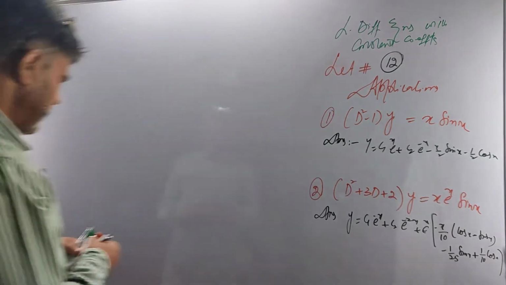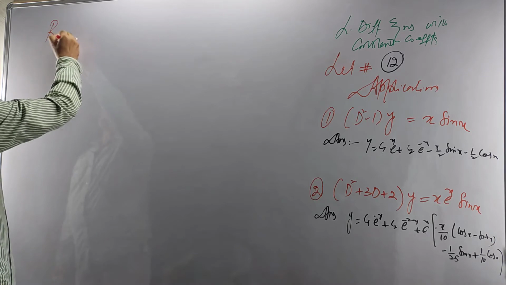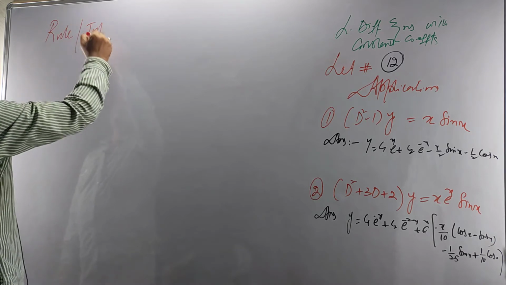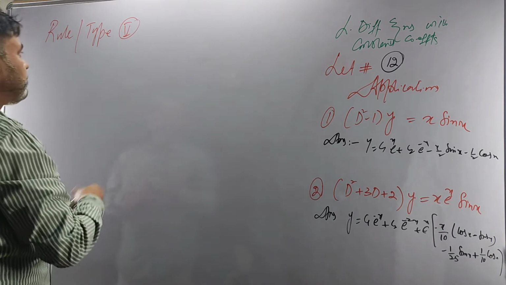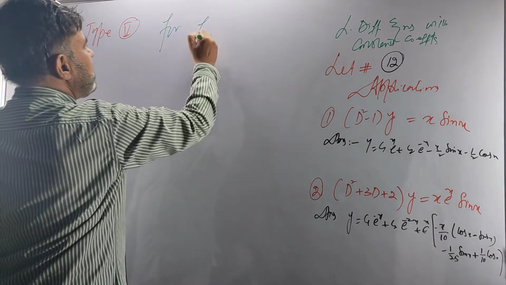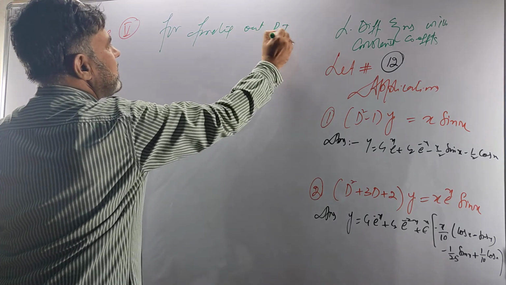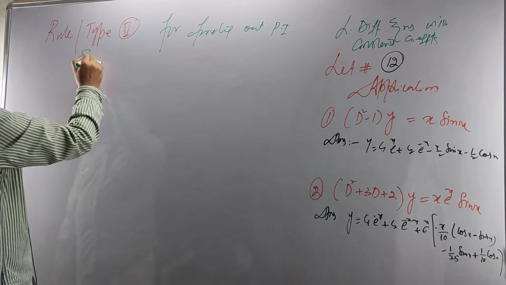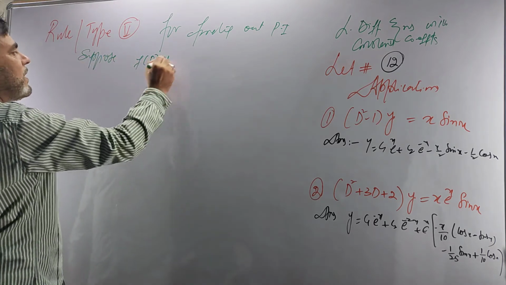Fifth rule is this. This is a rule or type fifth for finding out particular integral. Suppose you have differential equation of this type.